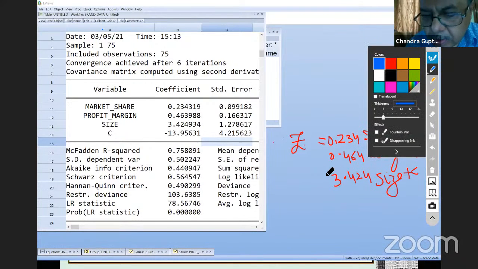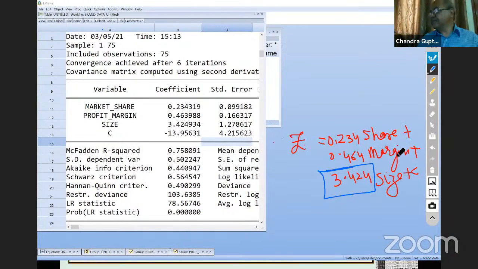Anybody? What is the interpretation of 3.424 for the size? Any one of you? What does it mean?